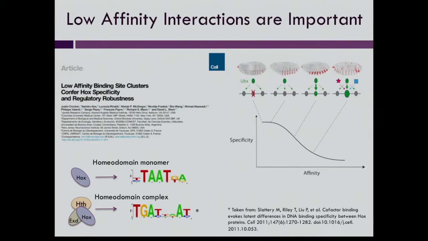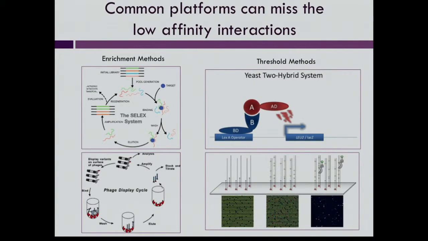And this becomes evident when we look at many of the common techniques that we use to characterize these interactions, like SELEX and phage display, which use multiple rounds of selection or multiple rounds of enrichment that lead to a consensus, and ultimately these are higher affinity interactions, so we're losing lower affinity interactions. And then there are other methods like hybrid assays and protein binding microarrays where you set some threshold and you're going to lose the interactions below that threshold and just recover what's above that threshold.